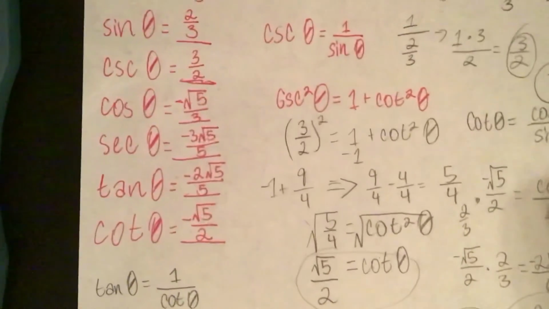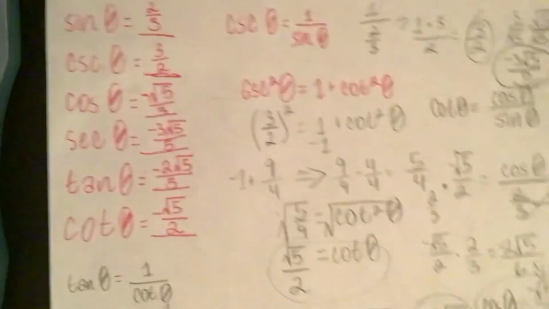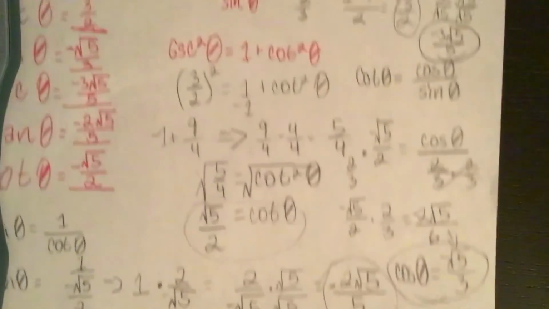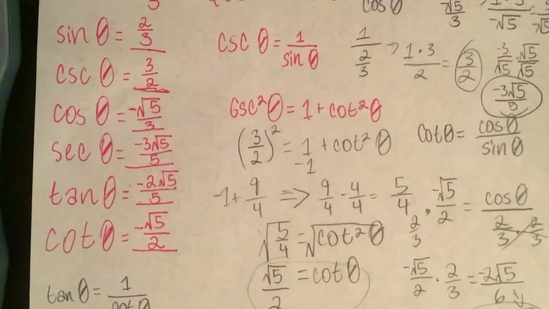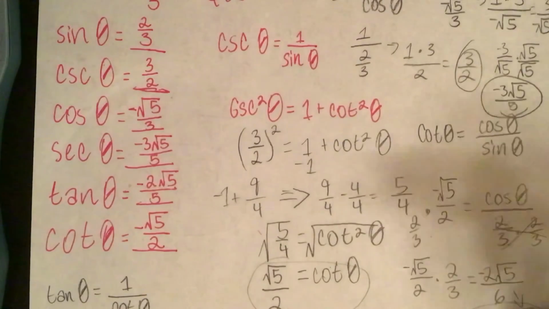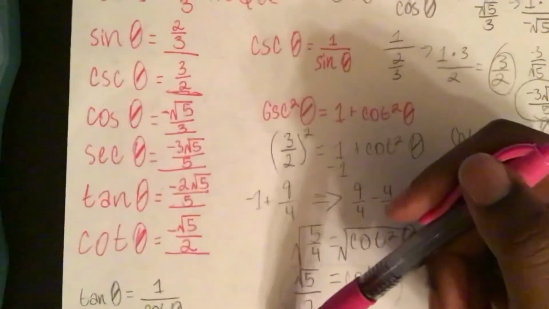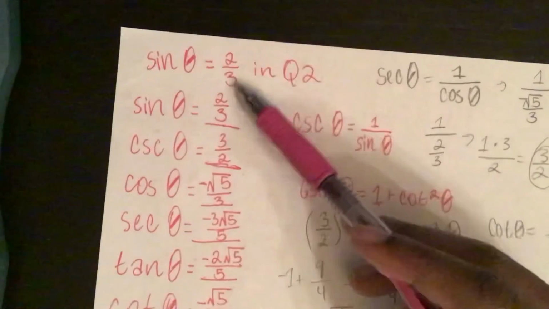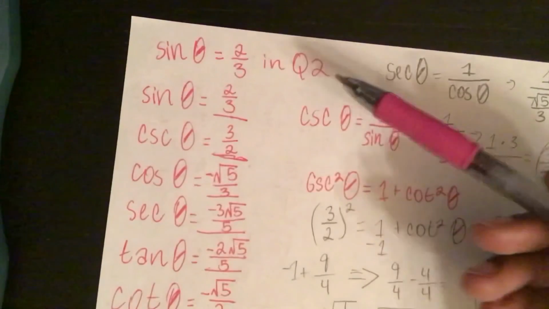And that's how we were quickly able, using all these different functions and utilizing our trigonometric identities. So just like that, we were able to find the values of all 6 trigonometric functions, just utilizing the value of sine and knowing that it's in quadrant 2.